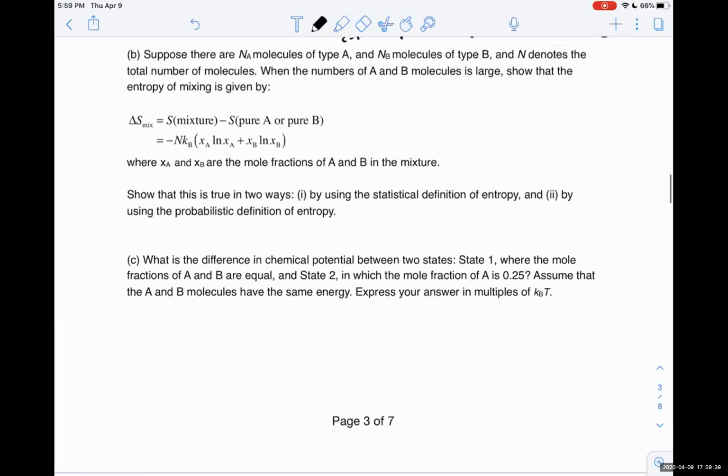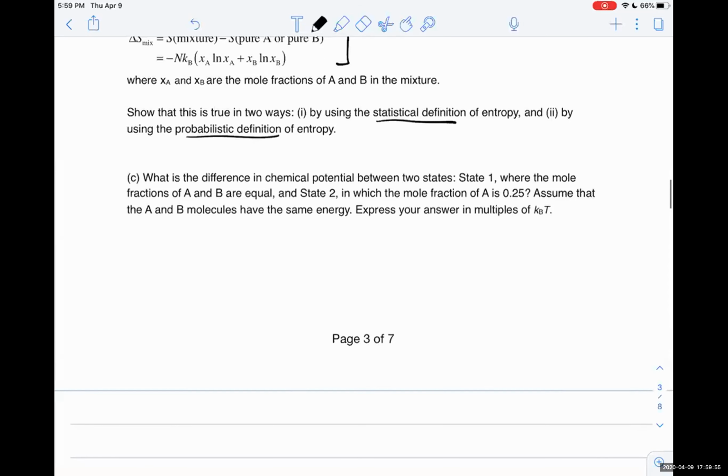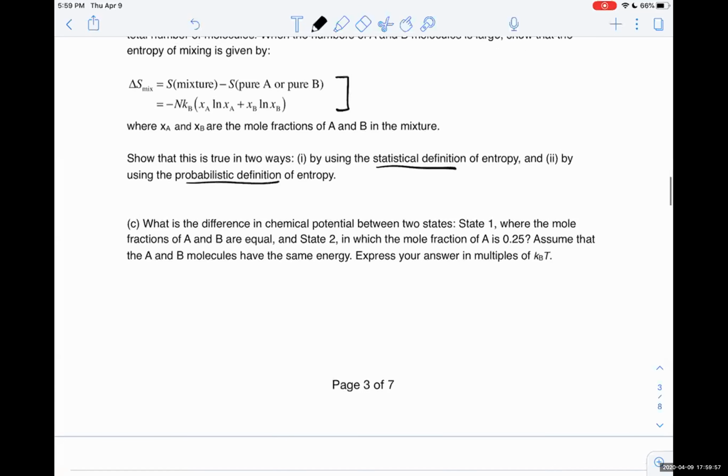Part B. In part B, we are interested in how this formula is true using both the statistical definition and the probabilistic definition of entropy. To keep the question simple, I'll first go over the probabilistic definition of entropy and how it is related to the formula given above.